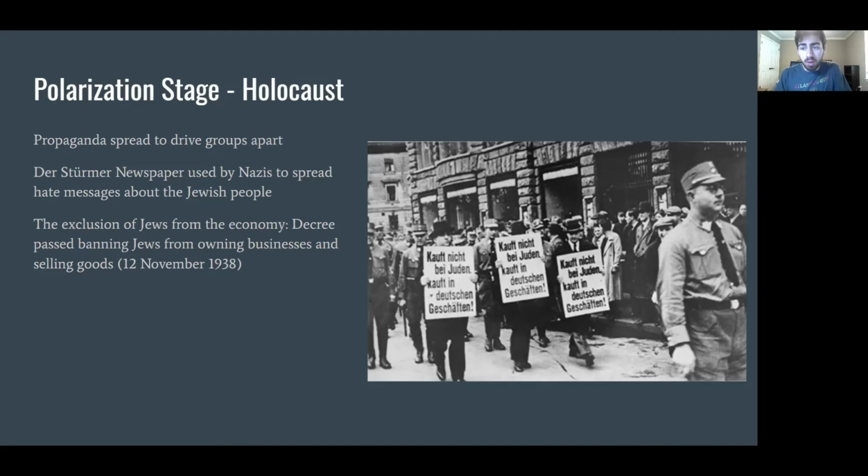And this is where propaganda is extremely deadly, because they used it to drive the two groups apart, such as the Der Stürmer newspaper used by the Nazis to spread hate messages about the Jewish people and blaming them for the problems that the German Republic was facing since World War I, such as saying that they were the reason why the economy was struggling and why Germany is having to pay so many reparations.